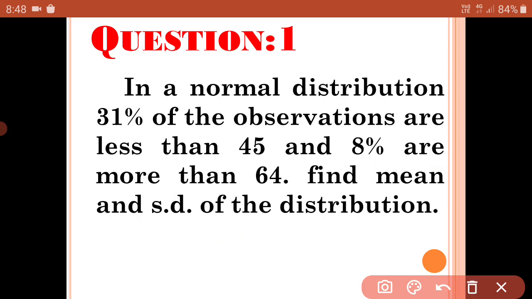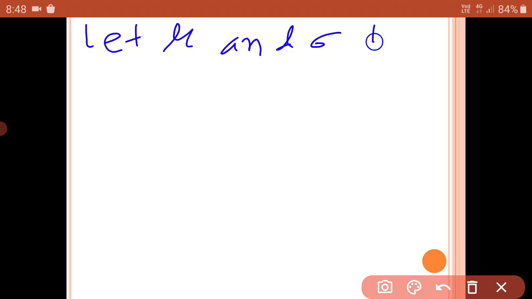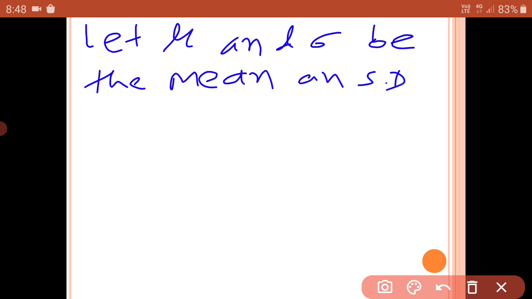First of all, we write the first line. Let mu and sigma be the mean and standard deviation of the distribution.